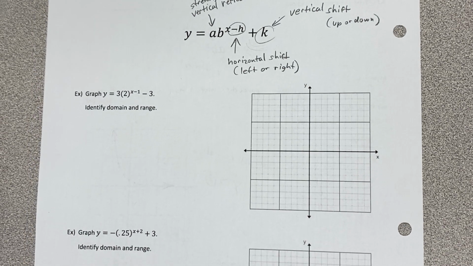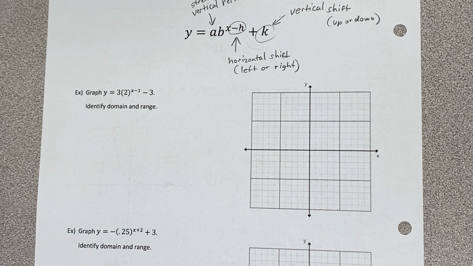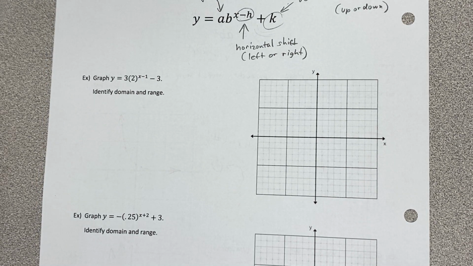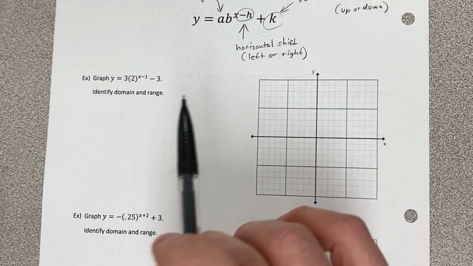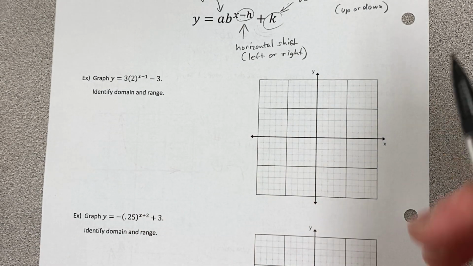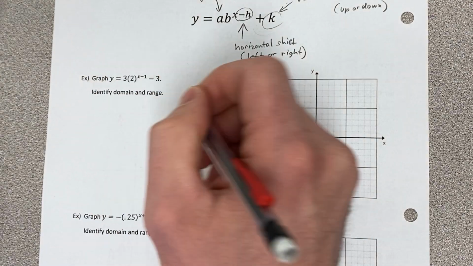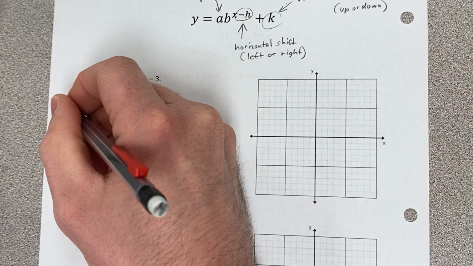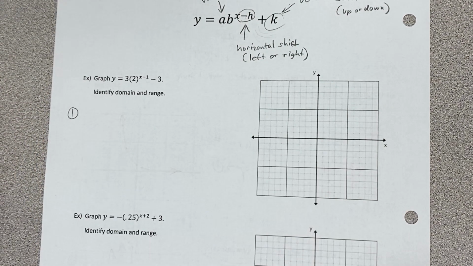Okay, so on these graphs right here, they are transformed, they're manipulated, and let's not worry about domain and range just for time's sake. What we're going to do is a two-step process.